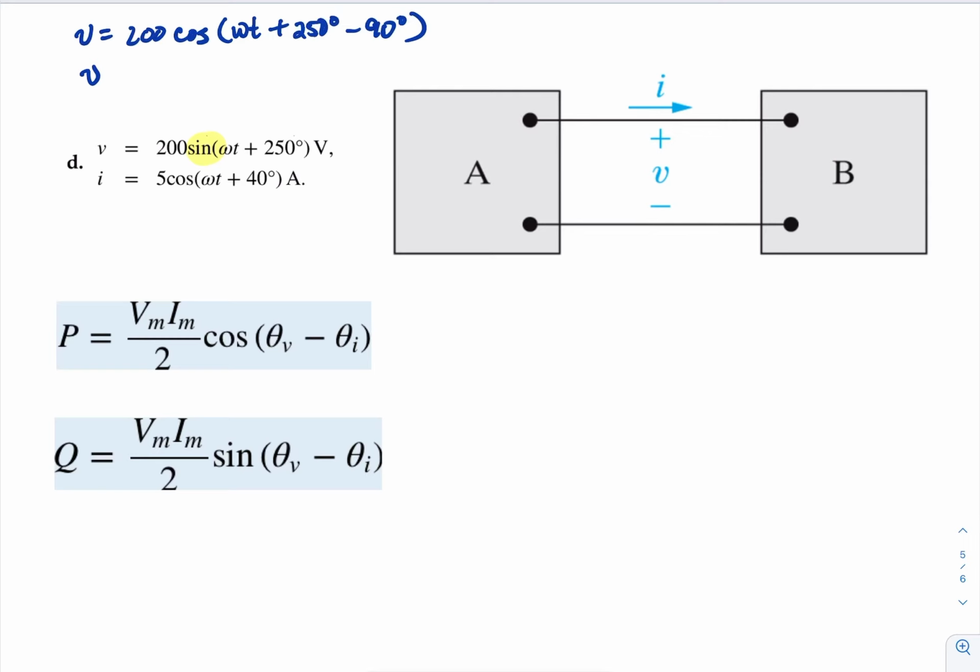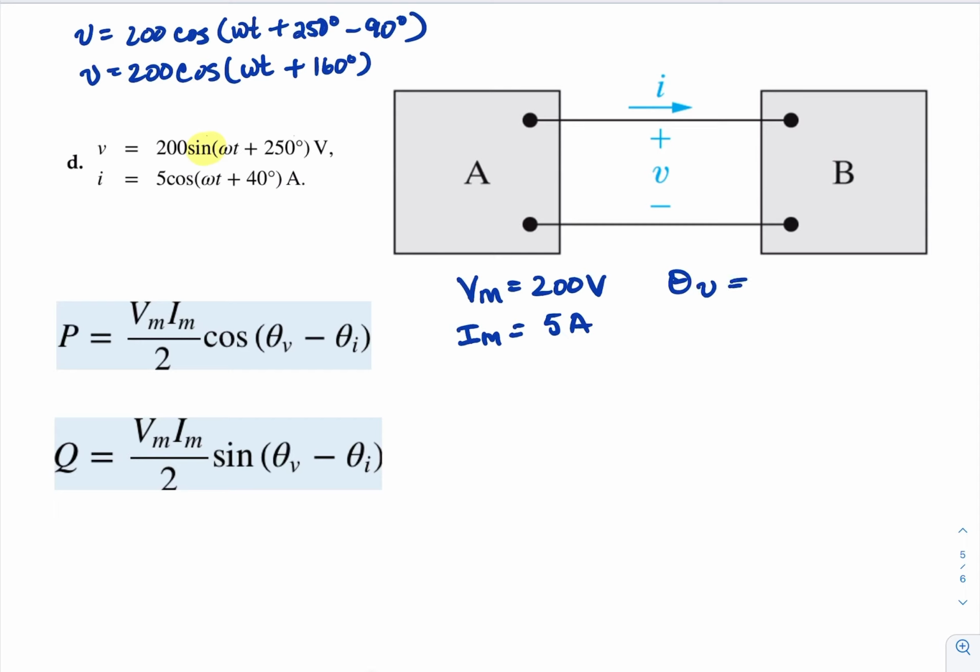And that brings us to V is equal to 200 cosine(omega t plus 160 degrees). So our V sub m is 200 volts and our I sub m is 5 amps. Theta sub v is positive 160 degrees. Theta sub I is positive 40 degrees.